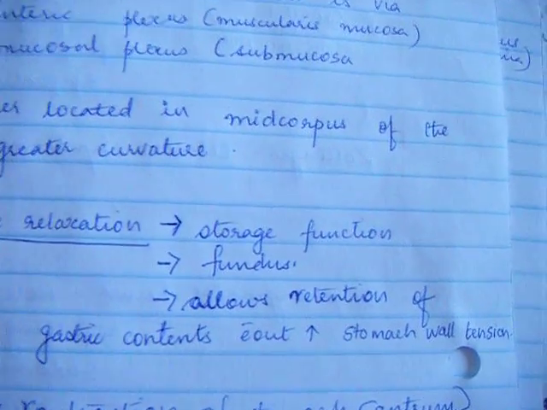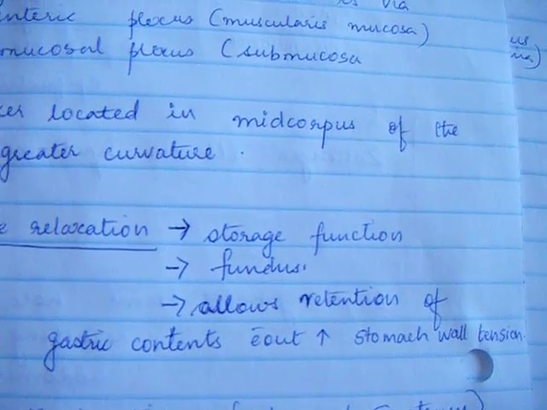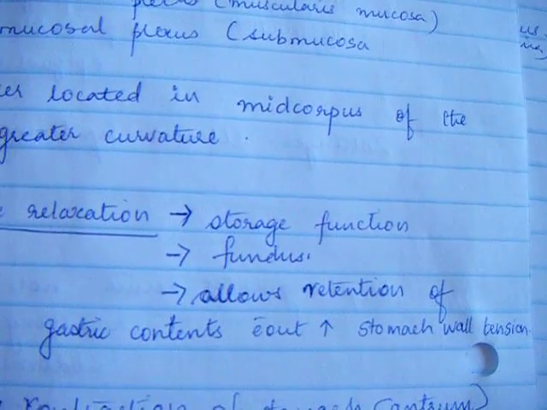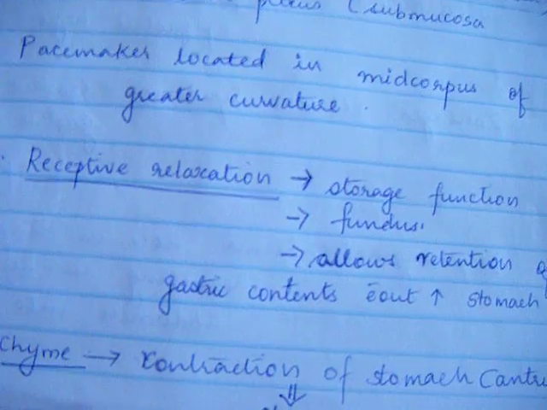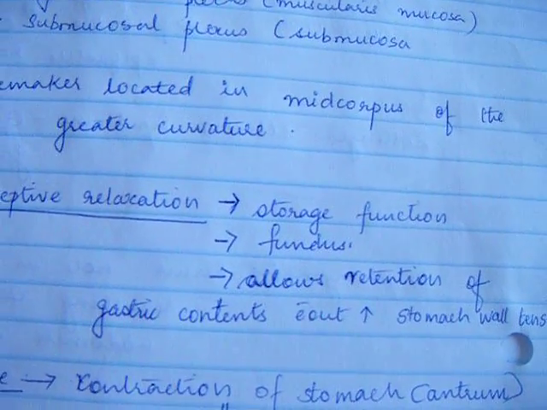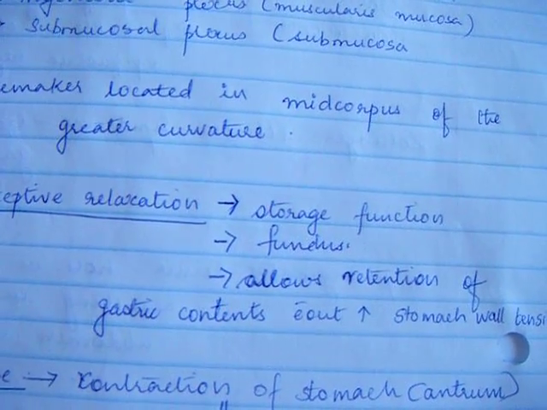That is a relaxation in such a way that it is not distended to the maximum. That is what is meant by without increasing stomach wall tension. It is the normal relaxation. So that is called the receptive relaxation, and it mainly allows the retention of the gastric contents.